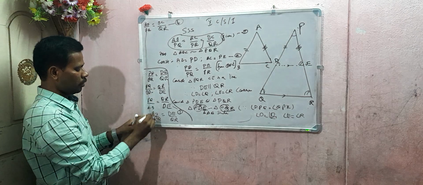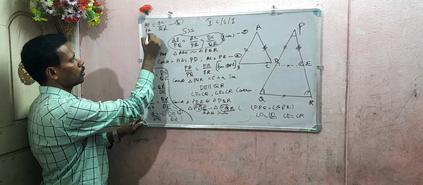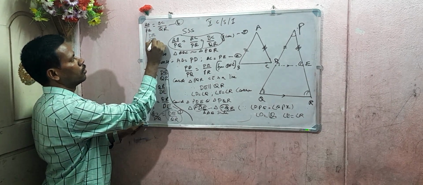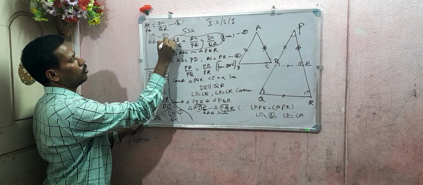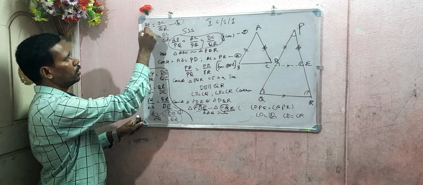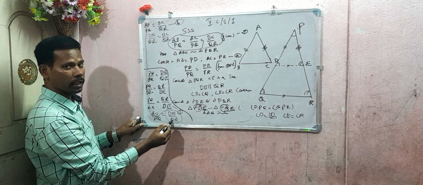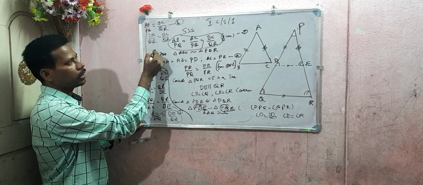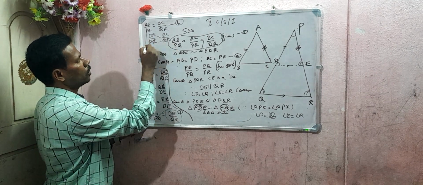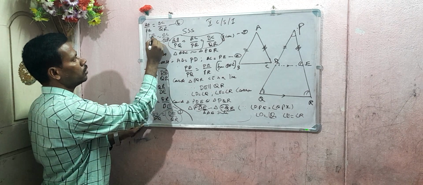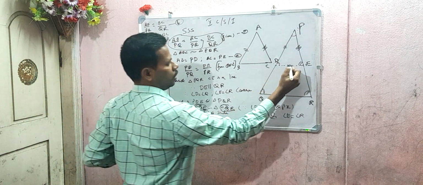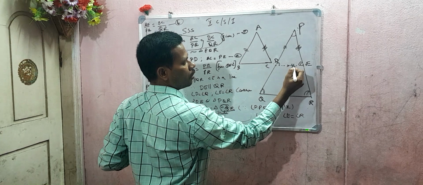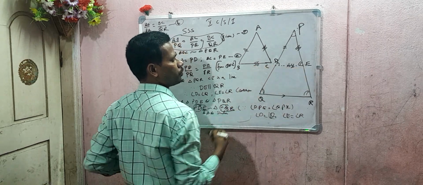Now in place of AB by PQ, I can write DE by QR is equal to BC by QR. That is what I have written. Now QR gets cancelled. DE is equal to BC. DE, this length, is equal to BC.